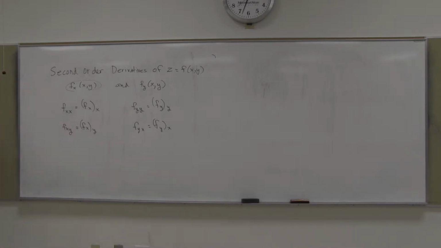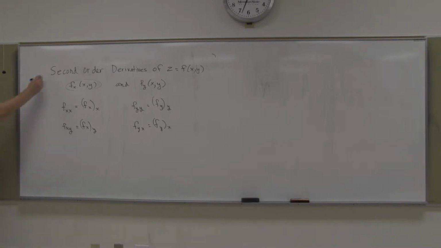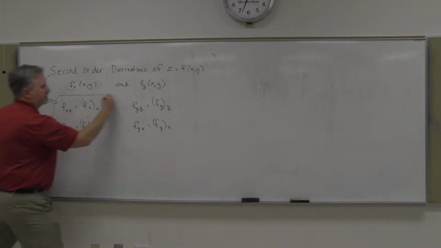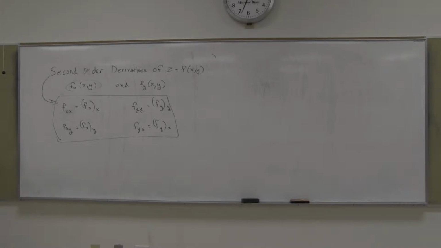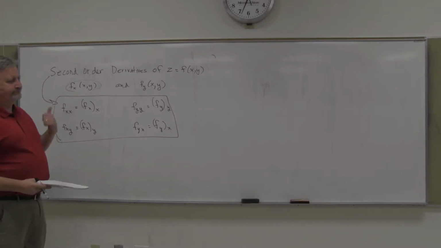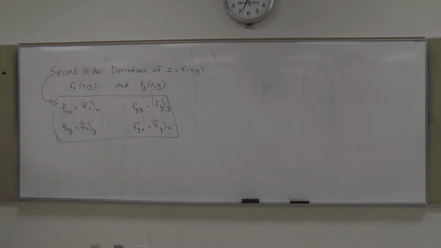So there are actually four possible second order derivatives. What's the highest order we're going to do? Probably this. We didn't do a whole lot with third and fourth derivatives before, so we'll keep it to this.